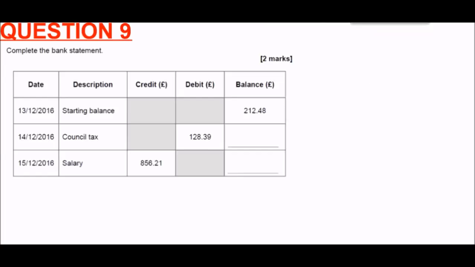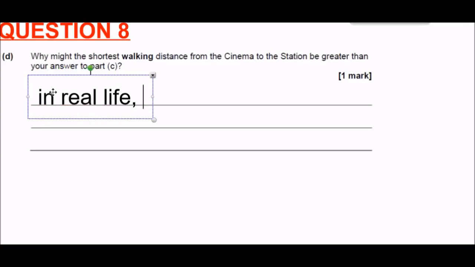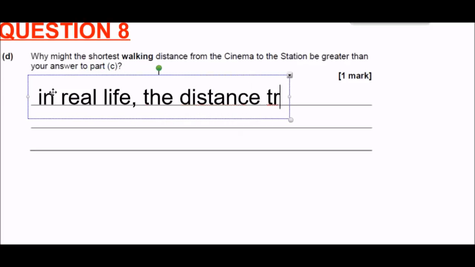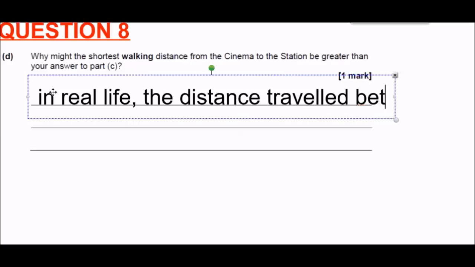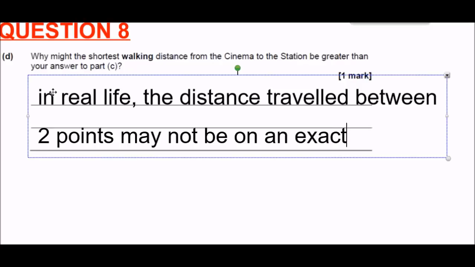And so your answer should be around the lines of, in real life, the distance travelled between 2 points may not be on an exact straight line.